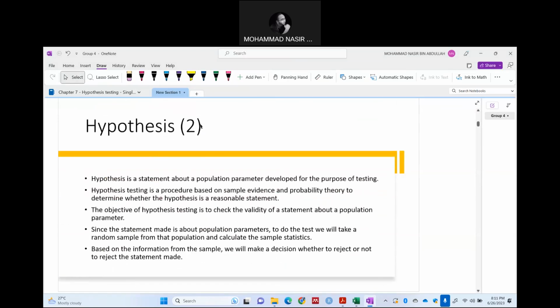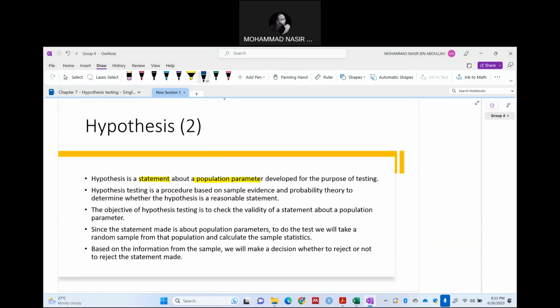Now, slide number 3. A hypothesis is a statement about the population parameter developed for the purpose of testing. Let's say we want to test whether the mean weight of students in a class is less than 73 kilos. So we claim that the mean weight of all students in this class is less than 73 kilos.